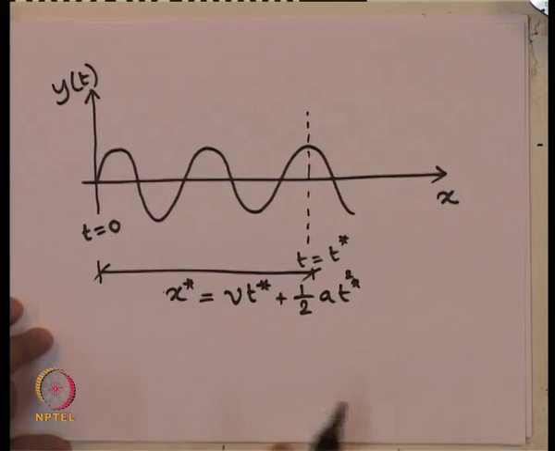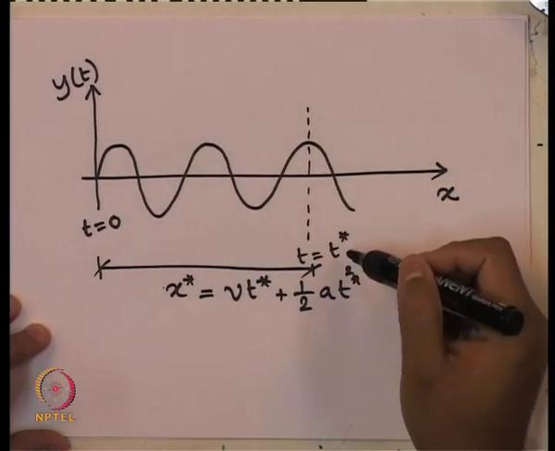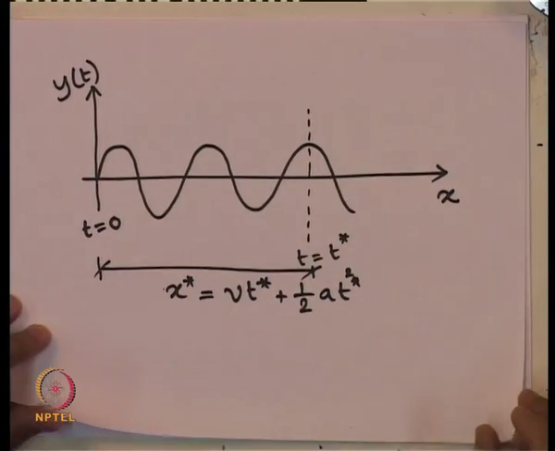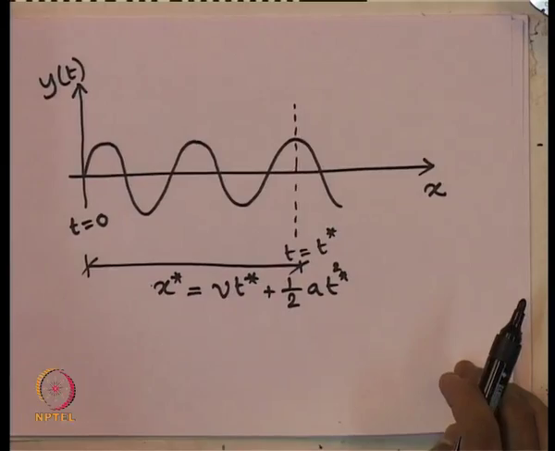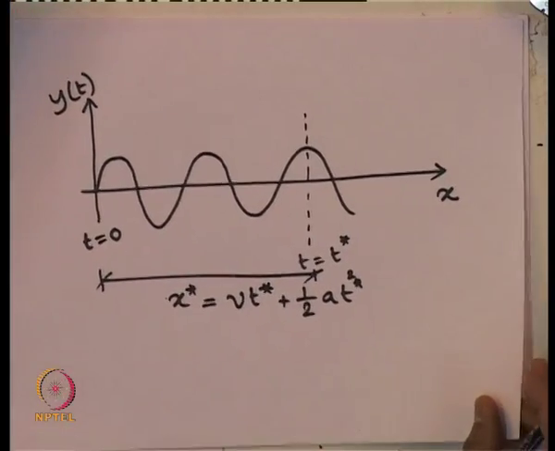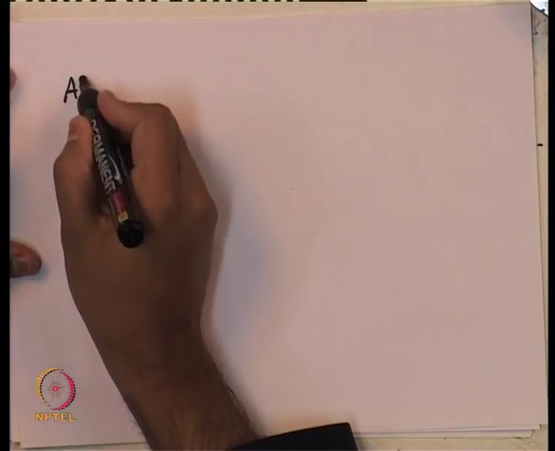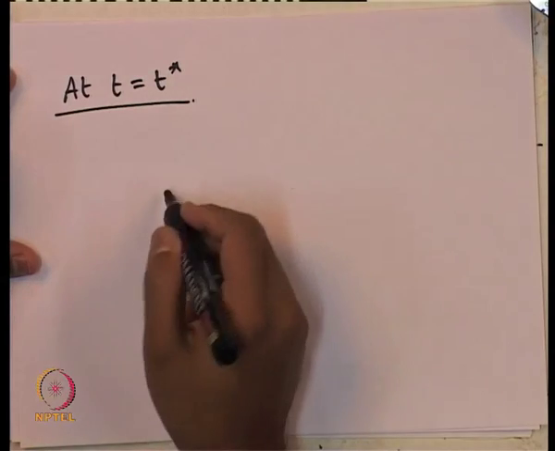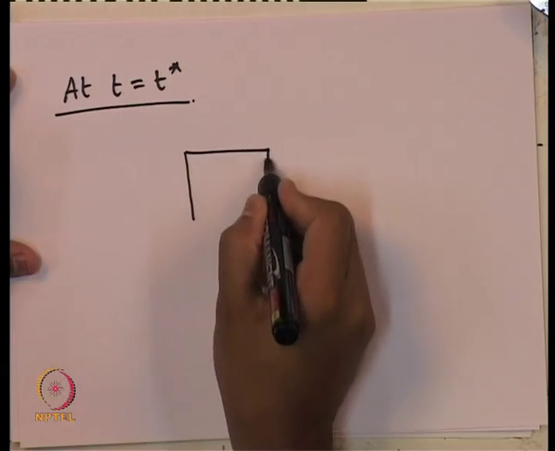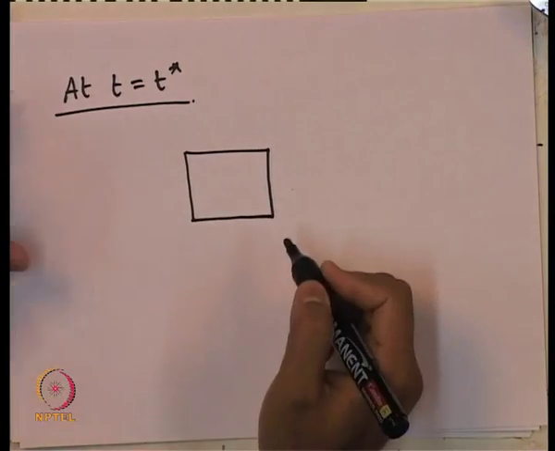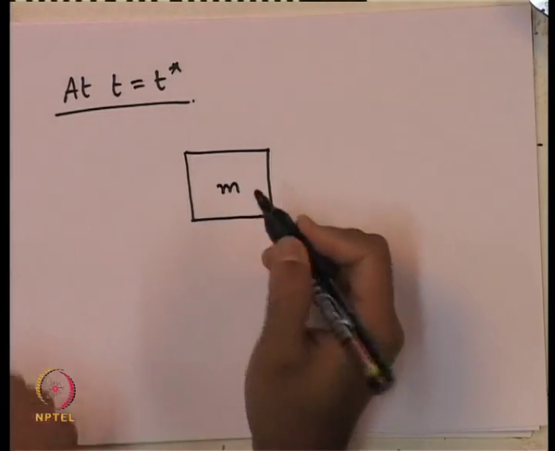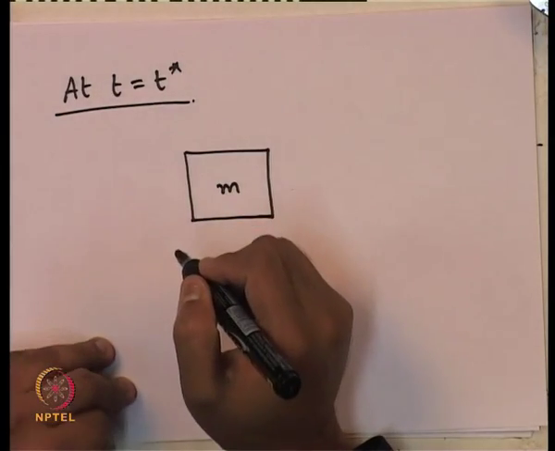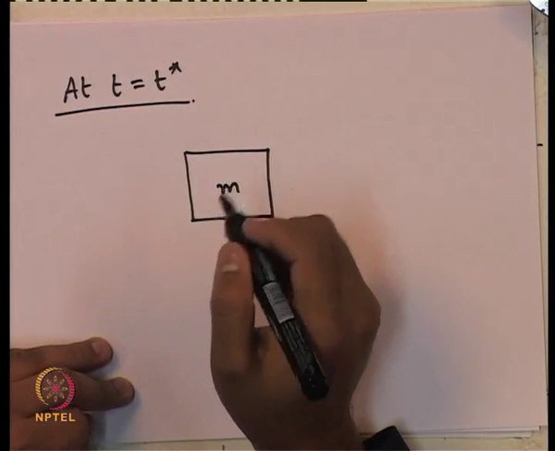What happens when the vehicle reaches t equals t star? What is the free body diagram of the system? At t equals t star, we are interested in the free body diagram of the system, mass m. What should be the inertia of the system?